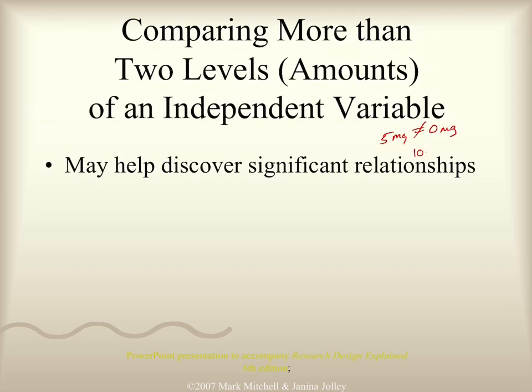But maybe 10 milligrams gives greater levels of happiness than 0 milligrams. If we'd only done our experiment with the 5 milligram case, we would have ended up with non-significant results because we missed the treatment effect. If we use 10 milligrams, then we can actually detect a significant difference.